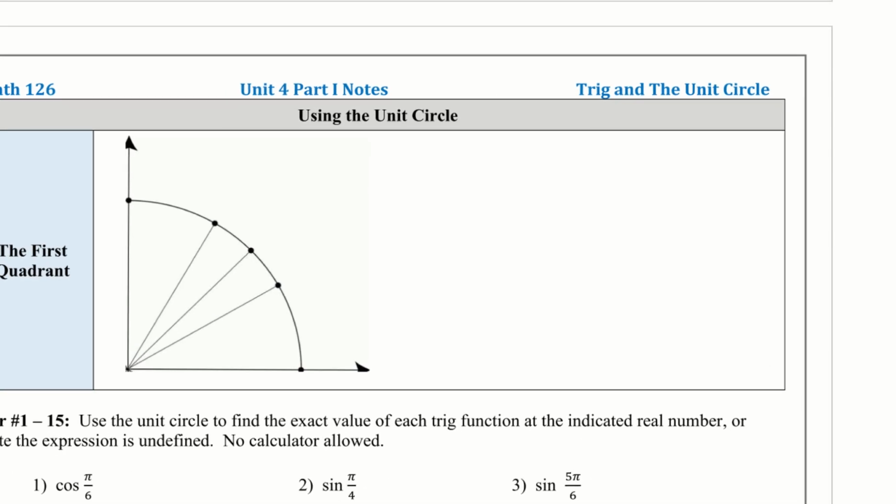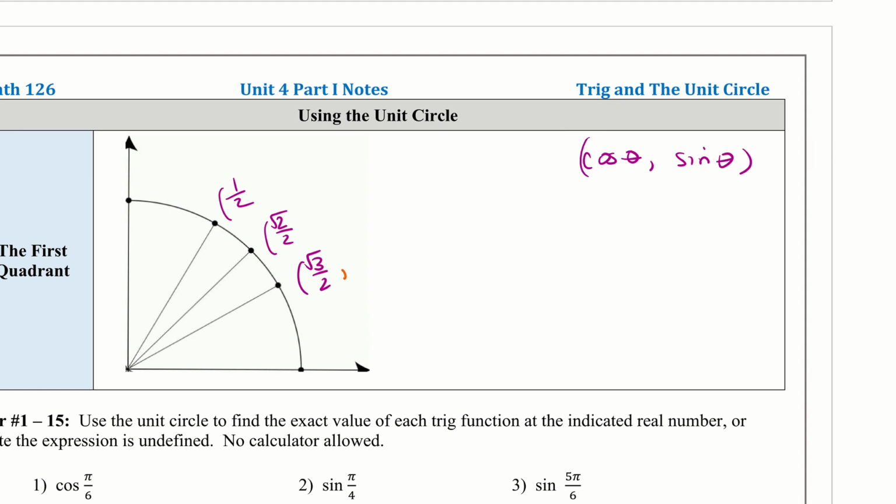So you really want to use this first quadrant. Again, we will use 3, 2, and 1 for cosine, all of these over 2, and all of them square rooted. And so again, cosine comes first, and then sine.